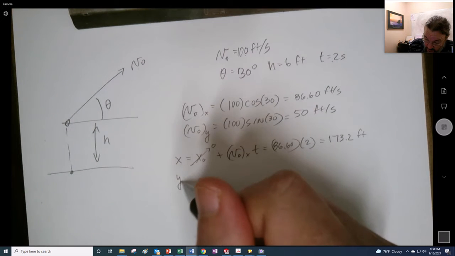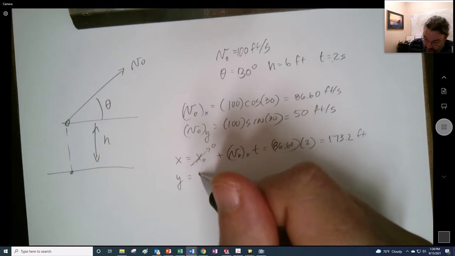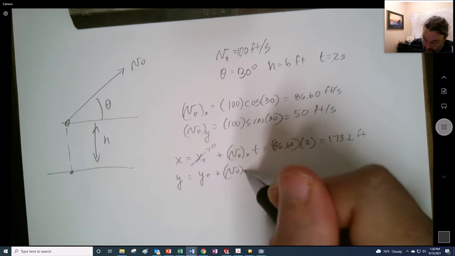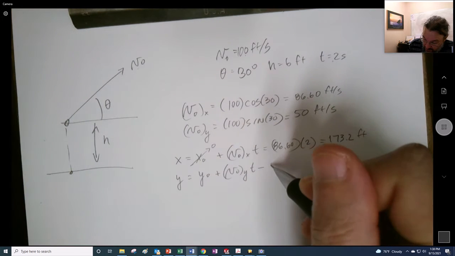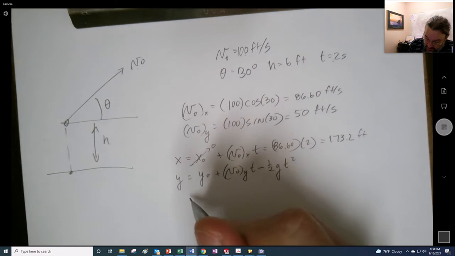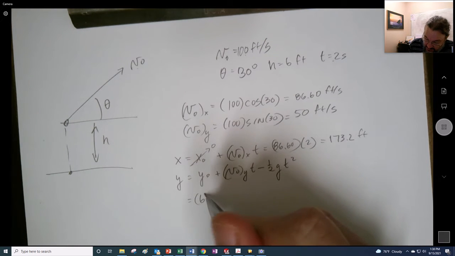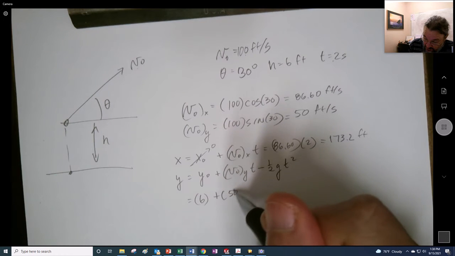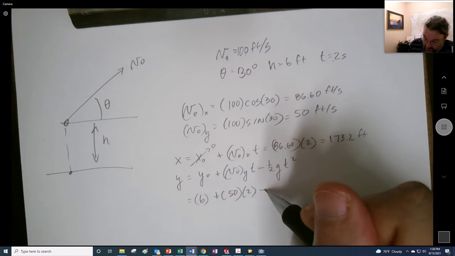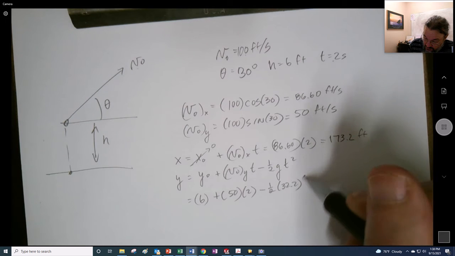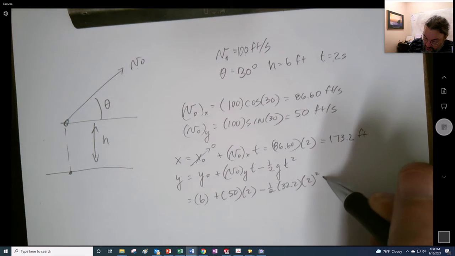Then y is going to be y0 plus V0y t minus 1/2 g t squared. That's 6, because it starts at 6 feet, plus 50 times 2 seconds minus 1/2 times 32.2 times 2 seconds squared.